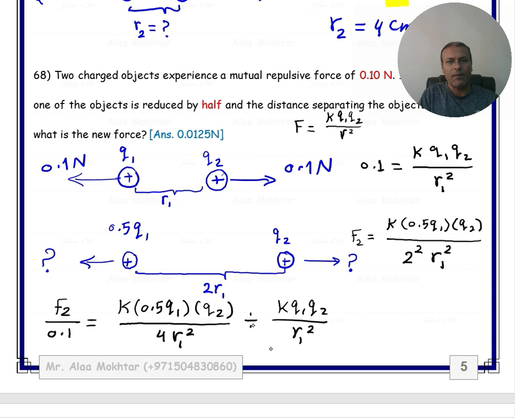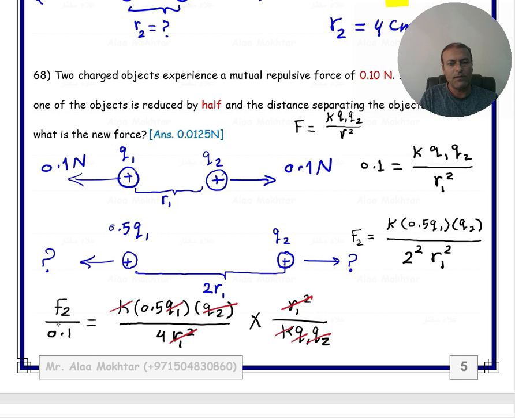Division, we can make it multiply and invert the fraction after the divide. I change this to multiply and reverse this fraction, R1 squared over K multiplied by Q1 Q2. We can cancel K with K, Q1 with Q1, Q2 with Q2, R1 squared with R1 squared.